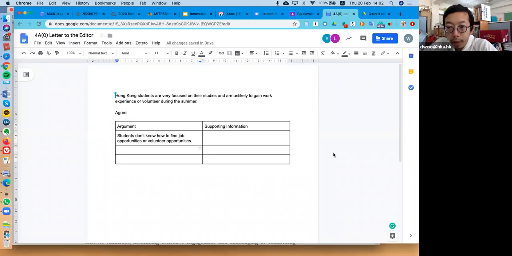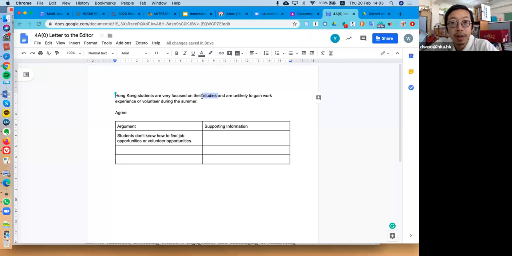Okay, that's a good try. Who works for a long time? Dr. Wu? Okay. So students work for a long time. Now, I'm a little confused because it says Hong Kong students are very focused on their studies.